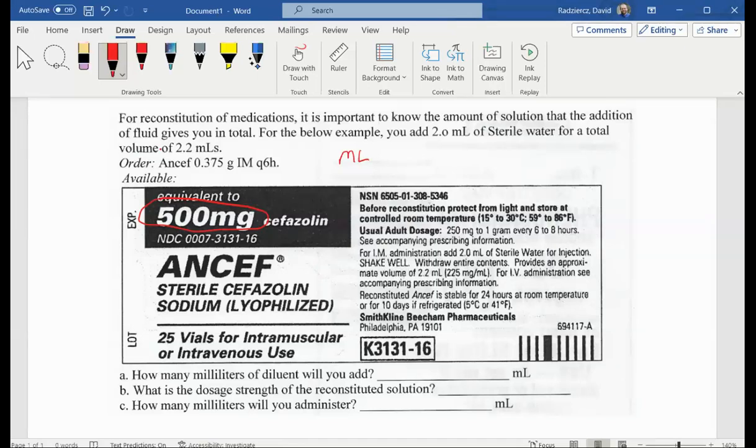Dilantin is like 125 milligrams per 5 ml. That's one example of a strength of Dilantin. So it already tells you that milliliters is there. But on these types of reconstitutions, they don't tell you the milliliters right off the bat on the label itself, or at least on the facing part of the label. You need to actually go into the instructions to find the information you're looking for.